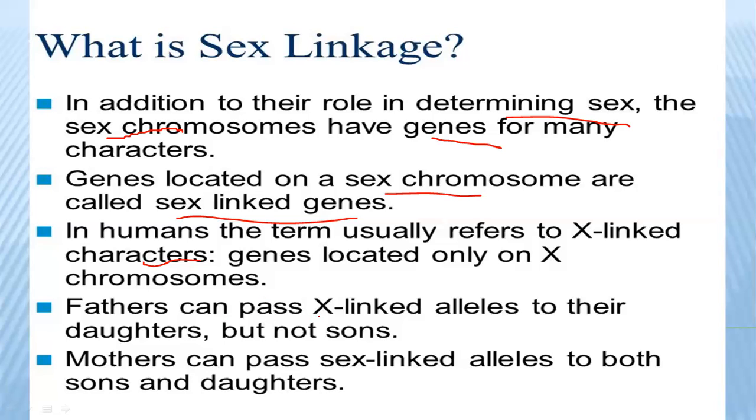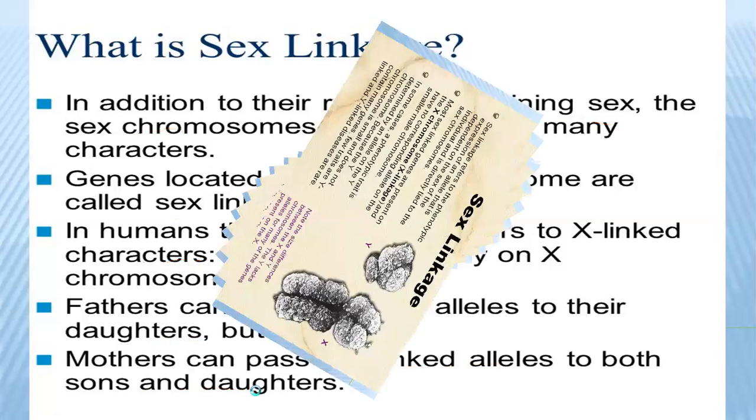So males can pass X-linked alleles to their daughters, but not to their sons, and mothers can pass their sex-linked alleles to both sons and daughters. How this all happens and how sex linkage happens in human beings, now we are going to see.